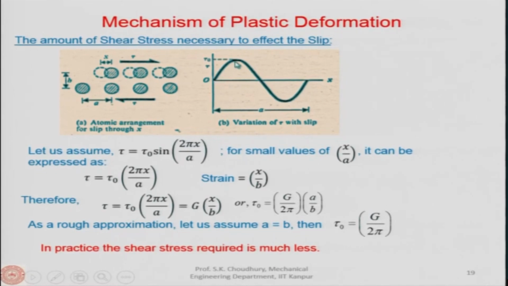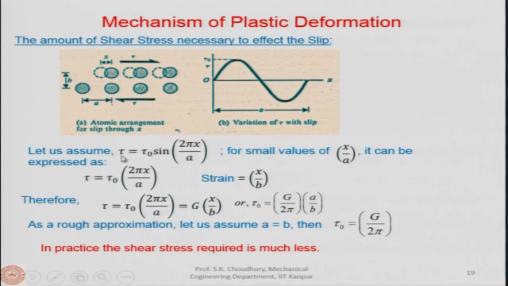Now, this indicates that this is the point which is the maximum stress that is required, and that is what we actually want to find out, what is the maximum stress required, okay. And this is the shear stress. So, let us assume, or normally it has been seen that this sinusoidal curve can be given if it is a and if it is along the x, okay.